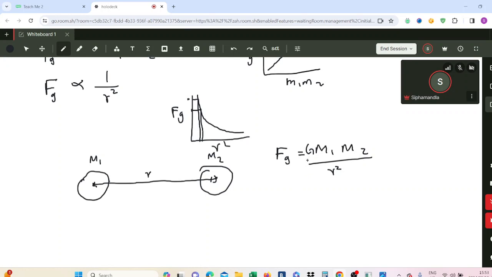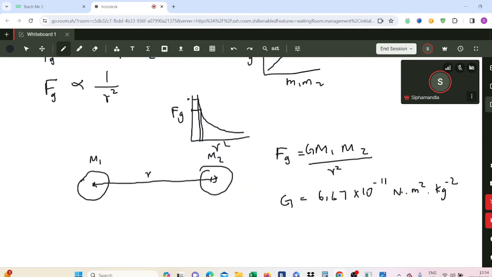G is the universal gravitational constant, which is always given. When you are writing an exam, you don't need to remember it because it is given on your formula sheet. It is equal to 6.67 times 10 to the exponent negative 11 newton meter squared per kg squared.